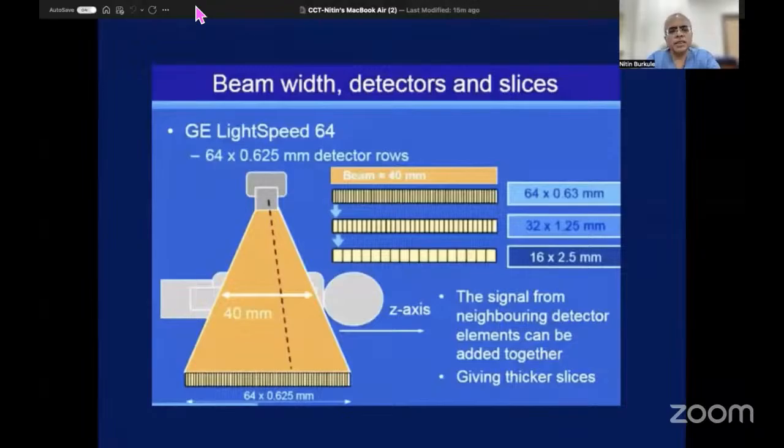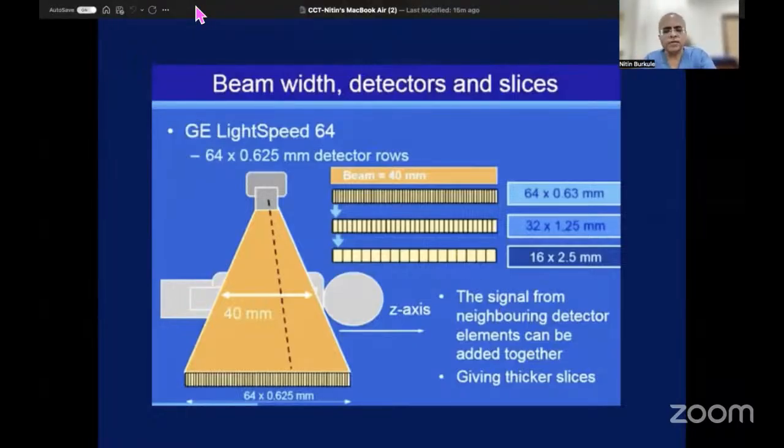You can make the slice thickness thinner or thicker depending upon how you use the data from your 64 slices or your 64 detector array. So that is how the thickness of the slice depends upon the reason for which you are doing the imaging.